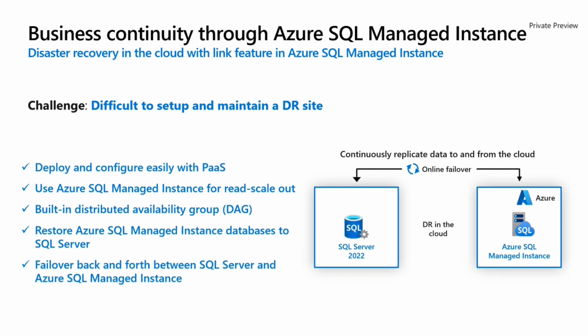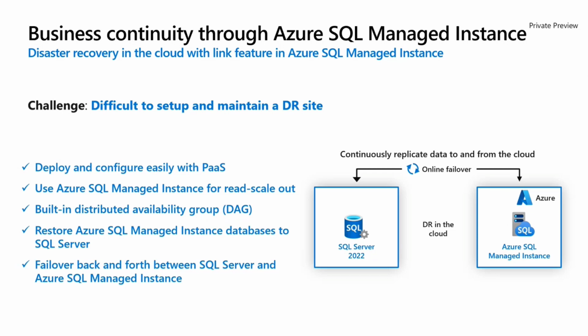So we will see it in action, and we can use the secondary replica in the managed instance as a read-only replica. So same as we do today with SQL Server, we can use it as the read-only source for multiple other systems, right? But we will also be able to do a failover, right, in case we need it.